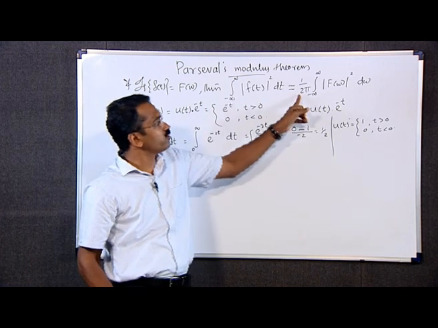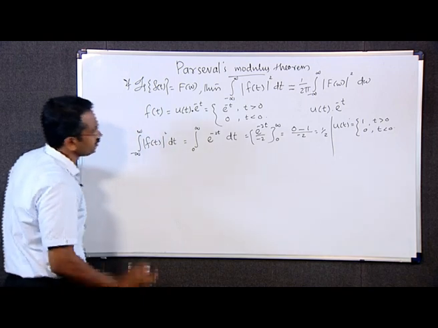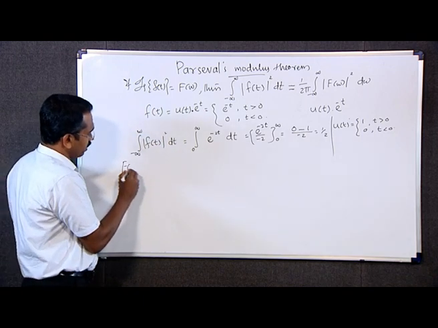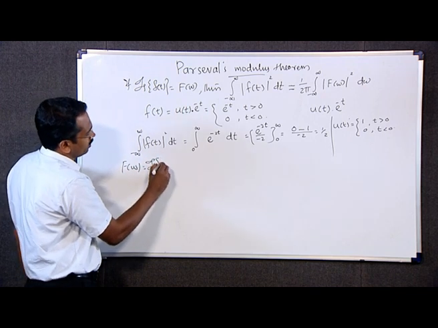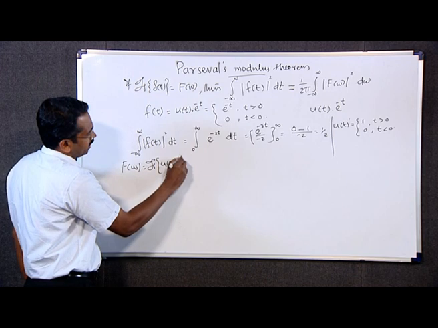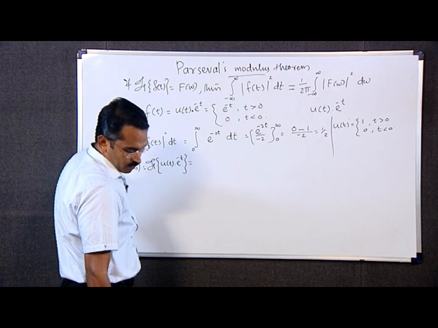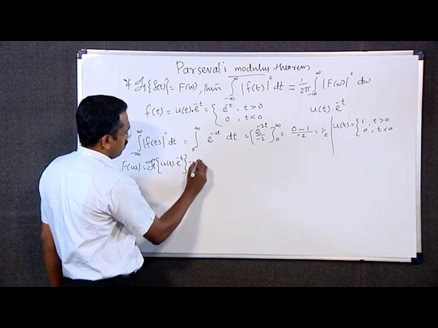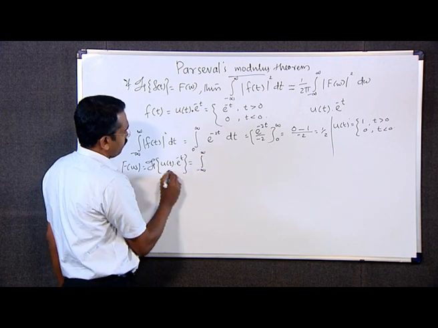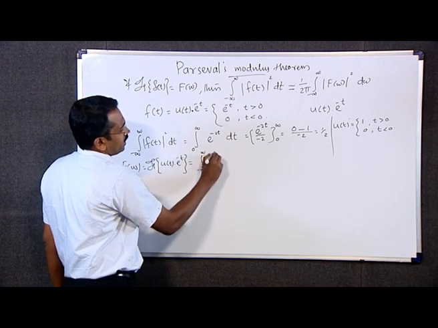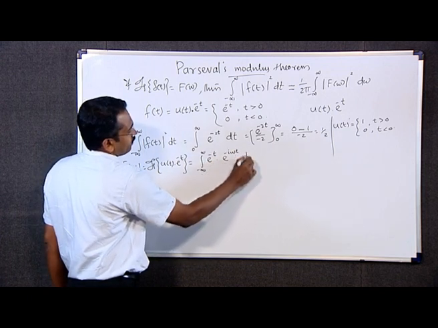Now, we have to evaluate the right hand side also. Here f of omega equals the Fourier transform of the given function u of t into e raised to minus t. That is, by the definition of Fourier transform, we get the integral from minus infinity to infinity of e raised to minus t into e raised to minus i omega t dt.